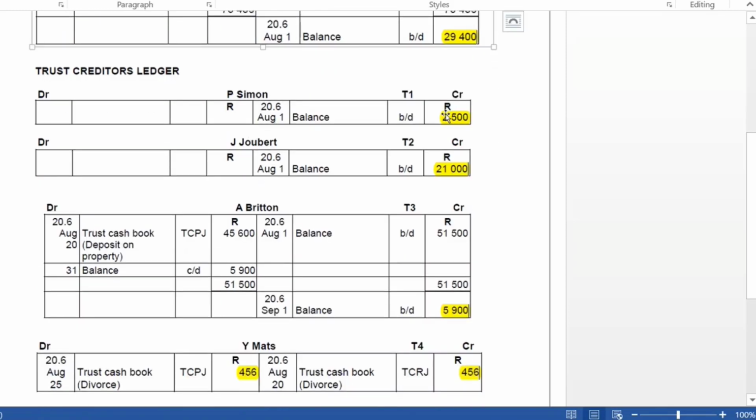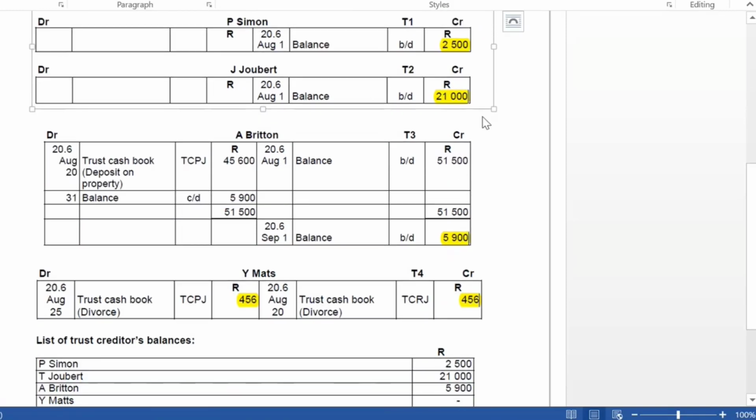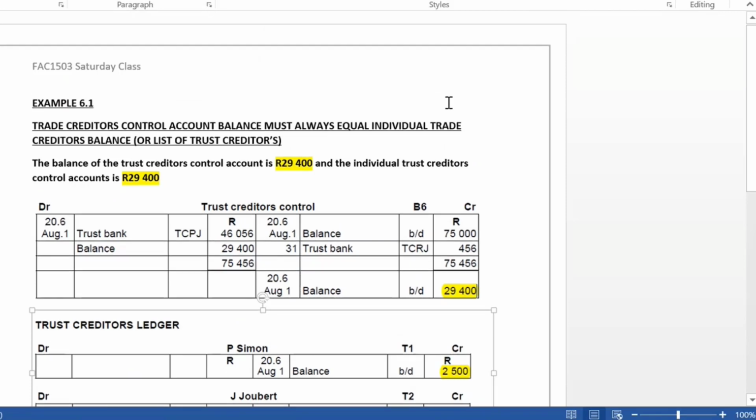So P. Simon is owed 2,500. J. Jobert 21,000. So guys, regarding the trust creditors control account, I want you to make note of what I'm going to tell you now.